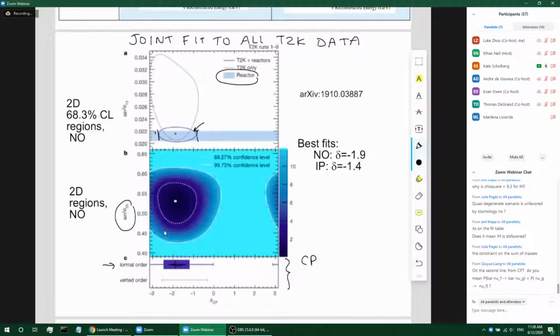You can see there's not even a 1 sigma region for the inverted. Inverted is slightly disfavored. And so CP delta equals 0 is disfavored, just barely disfavored at 3 sigma. And the normal ordering is preferred. Okay. Of all of the information that is available. And so that is from T2K.